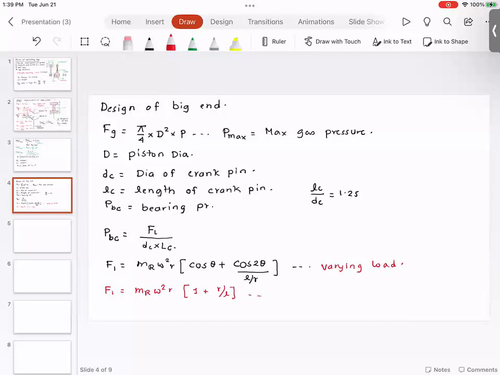So the maximum value of cosine theta is 1. If you substitute cosine theta equal to 1 and cosine 2 theta equal to 1, this is the maximum bearing load.